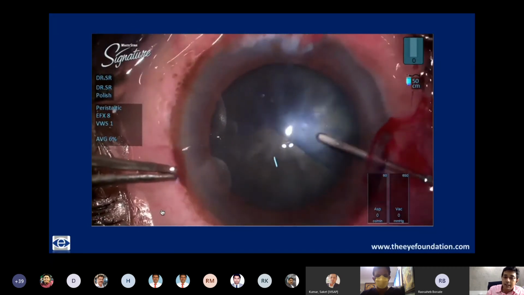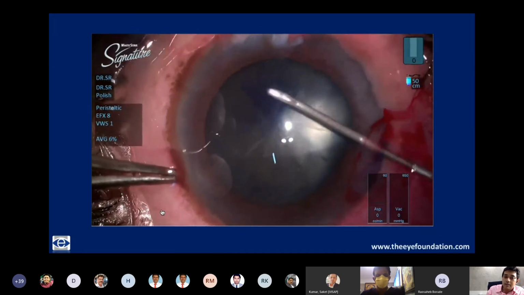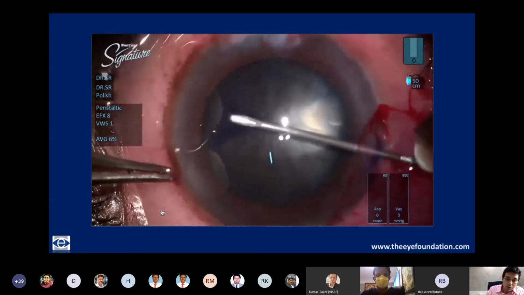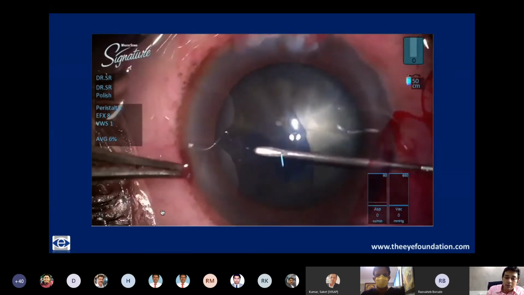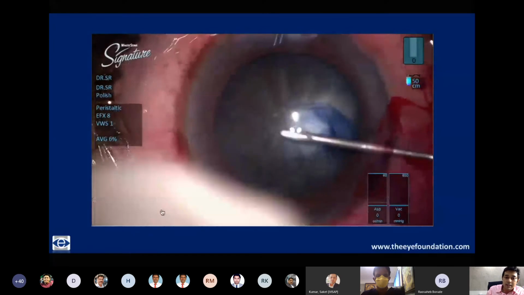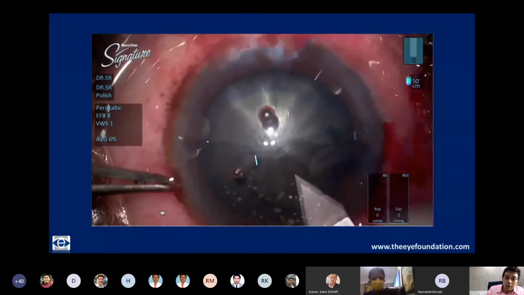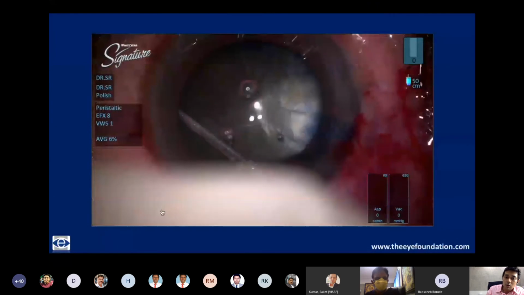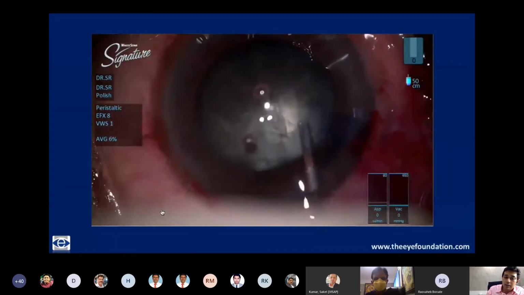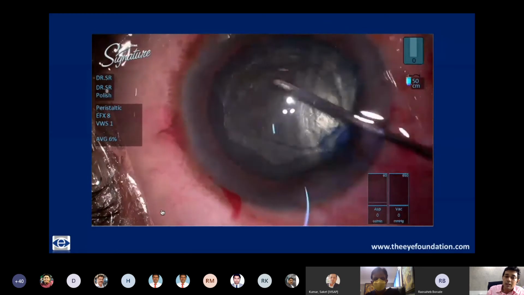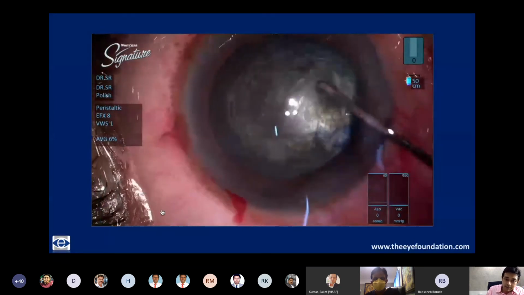I'd like to highlight again, having a slightly larger rhexis in these cases would help, maybe around 5.5 millimeters or so, so that you can place the IOL in the bag and at the same time do a good phacoemulsification. A good incision always helps to ensure you don't have any wound burn or wound leak. The incision should neither be too short nor too long in these cases.